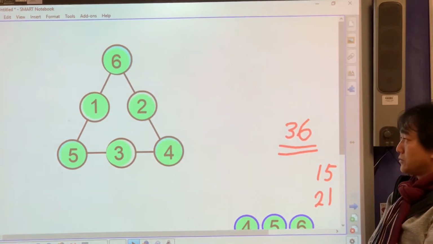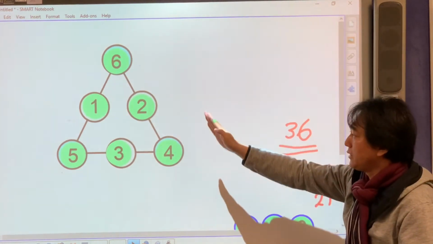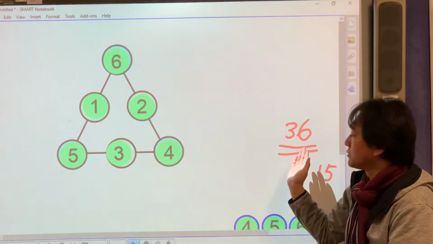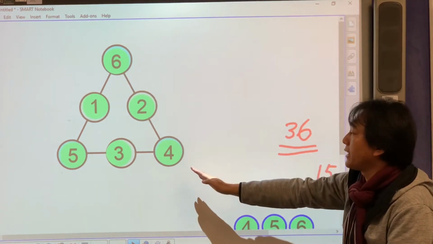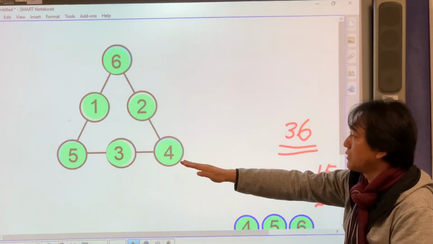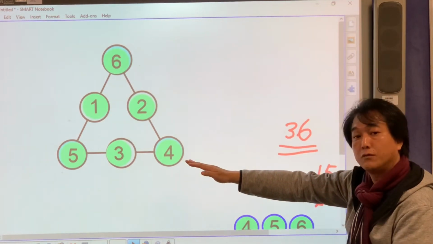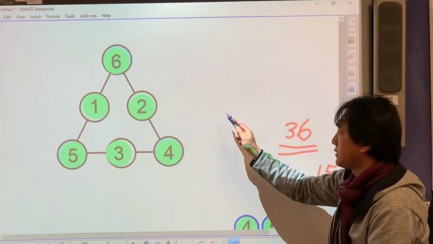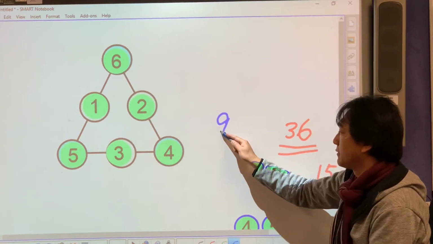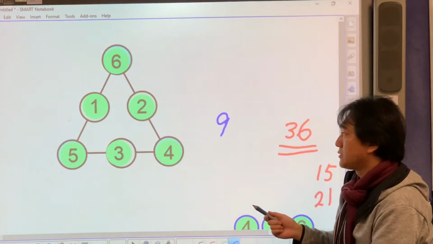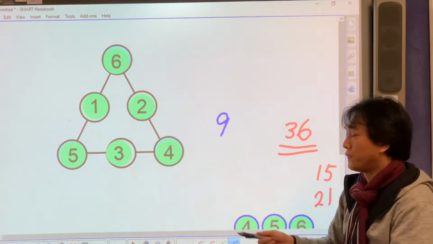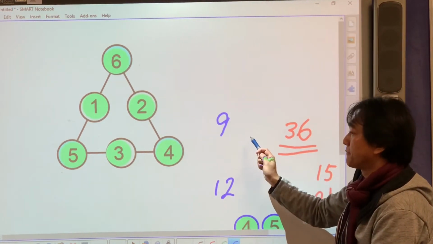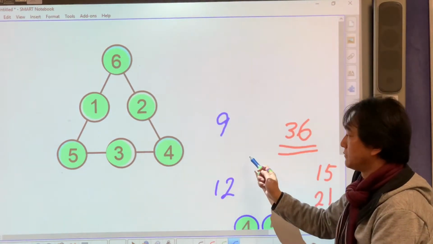The first solution, we had each line added up to 9. This solution, each line added up to 12. Can I make 10? Can I make 11?